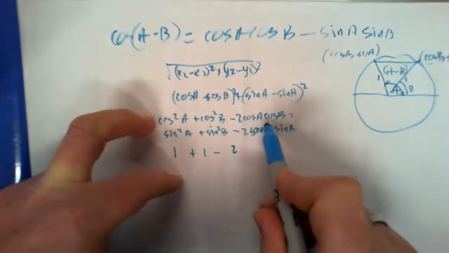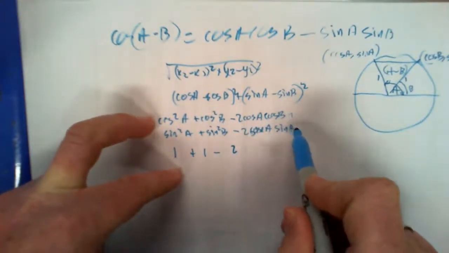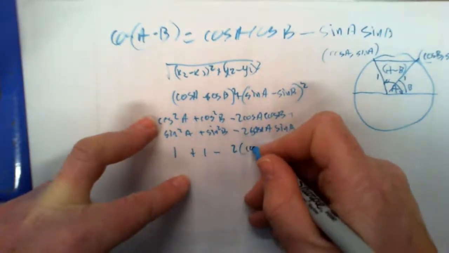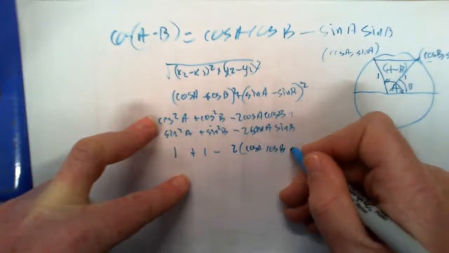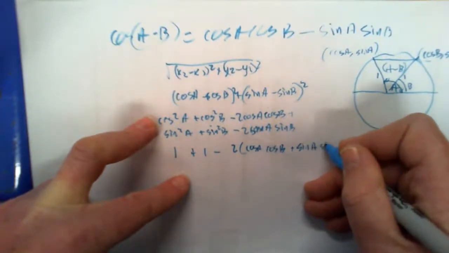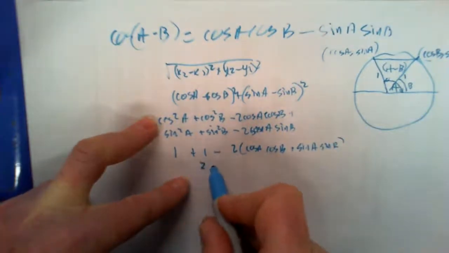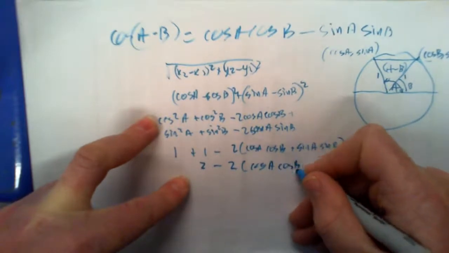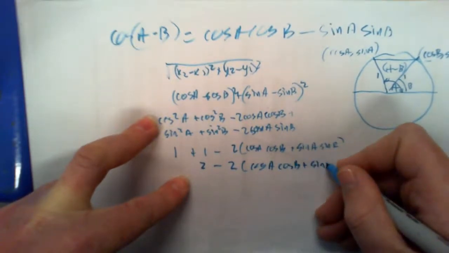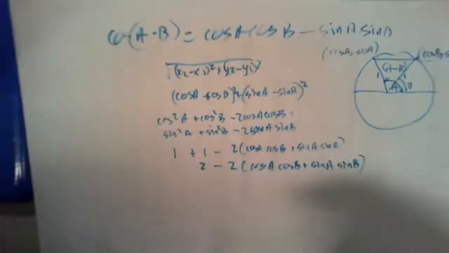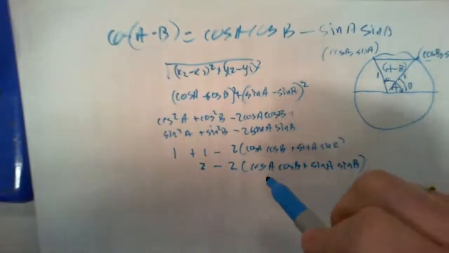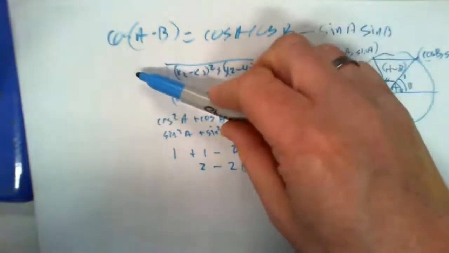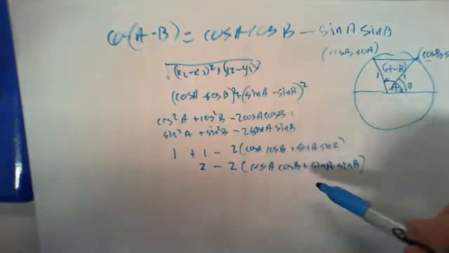Then we've got minus 2 times (cos A cos B plus sine A sine B). So that's 2 minus 2(cos A cos B plus sine A sine B). That's equal to the length, with the square root.